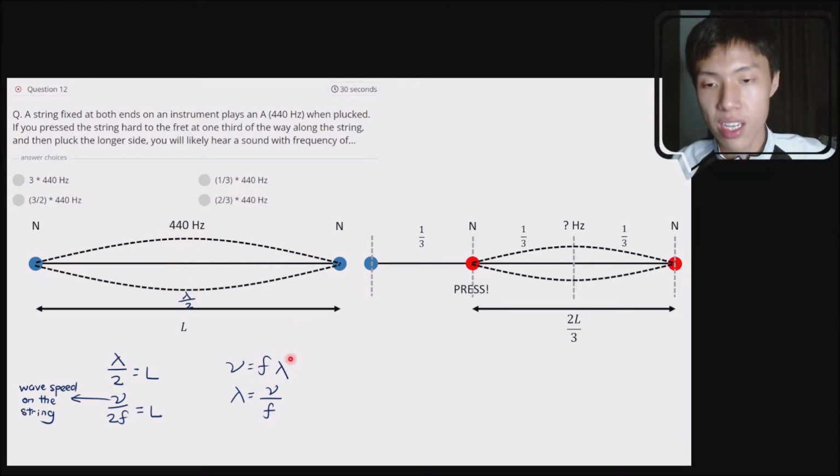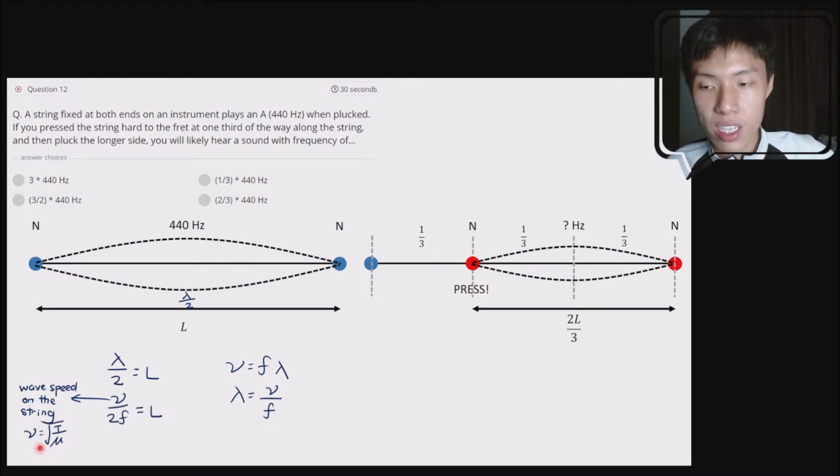So all these are about the string. So of course the speed here will be the speed on the string. Okay, so if it's the wave speed on the string, you know it's related to V equals to square root of T divided by mu, the tension divided by the mass per unit length, square root.